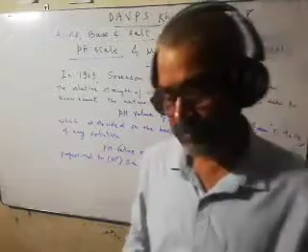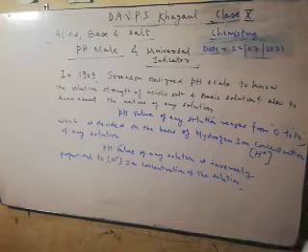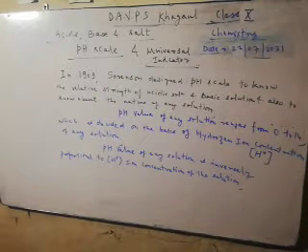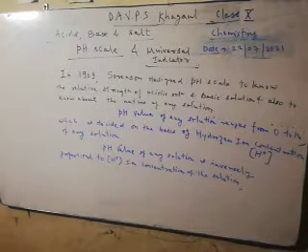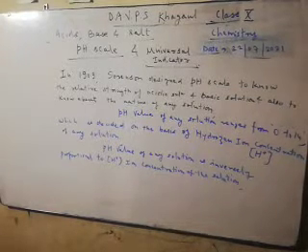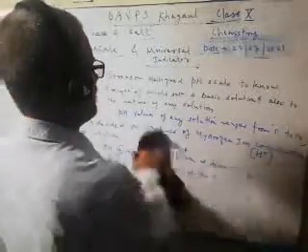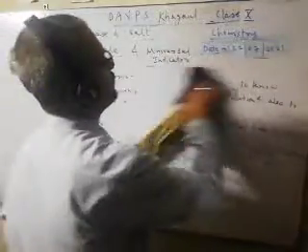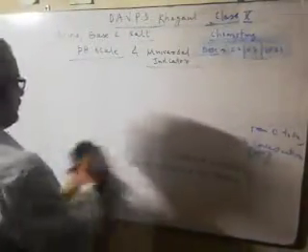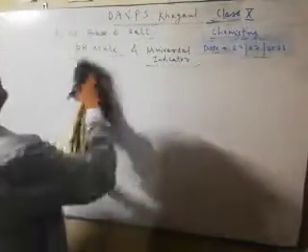So let us write the color change of universal indicator paper and the corresponding pH value of the solution.